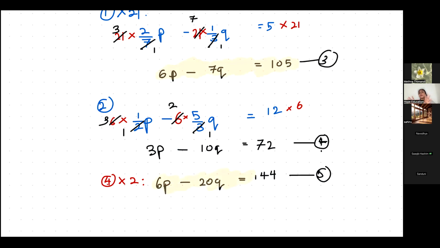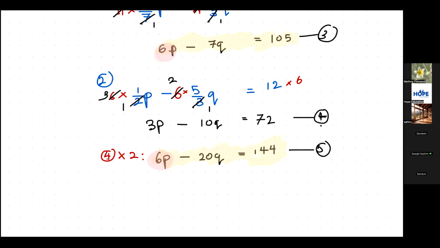Now are there any common elements? Yes. Precisely, yes, we do. 6p is common. Yes, good. Now what we are going to check is, what is the sign in front of our common element?